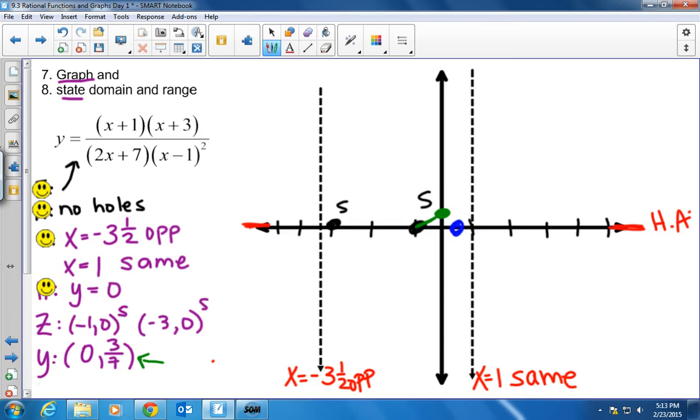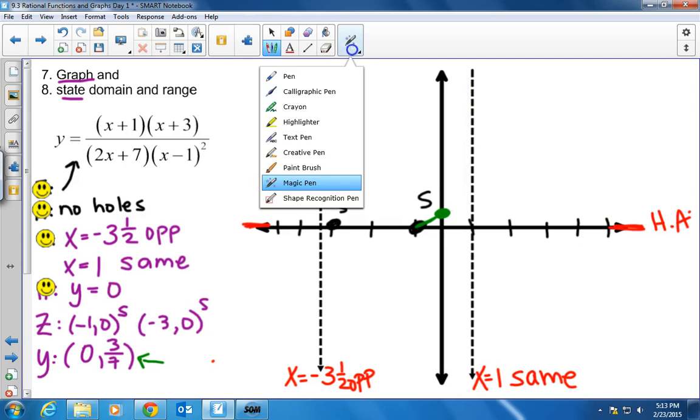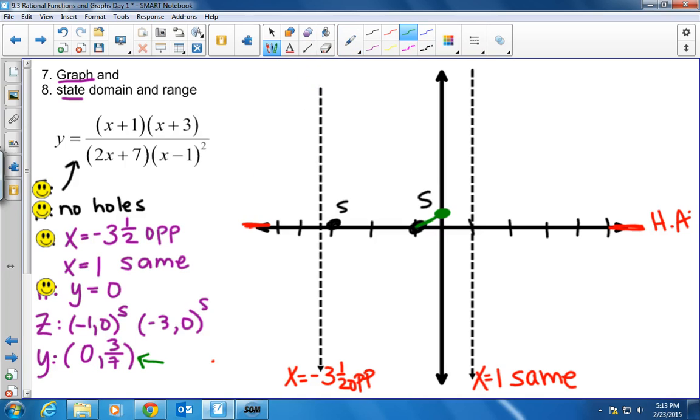If there's not an x-intercept over there, then that means this graph has to be up here. And remember, your graph wants to hug the brick wall, but it's never going to cross it. Your graphs are going to approach and get closer and closer to your vertical asymptotes, but they're never going to get there. So this graph is going to look something like this.